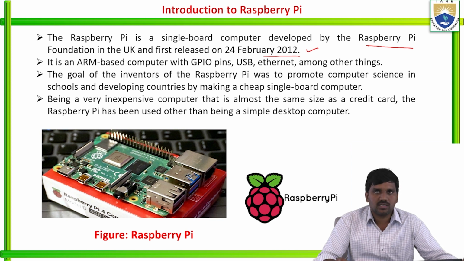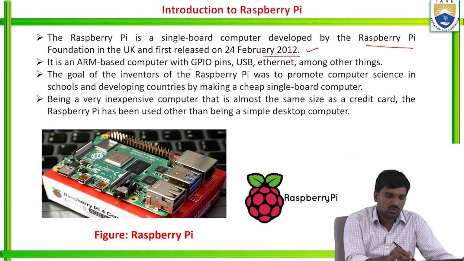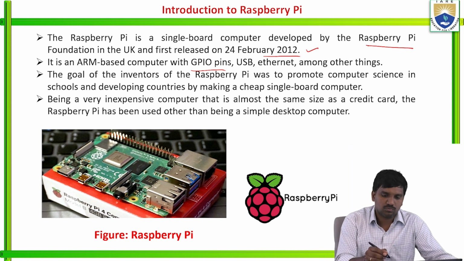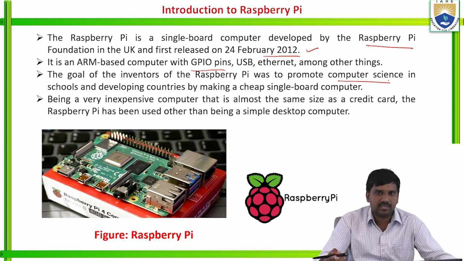It is an ARM-based computer with general purpose input output pins, USB, Ethernet, among other things. It has nearly 6 to 8 ports to connect different peripherals to the board. The goal of the inventors of the Raspberry Pi was to promote computer science in schools and developing countries by making a cheap single board computer.